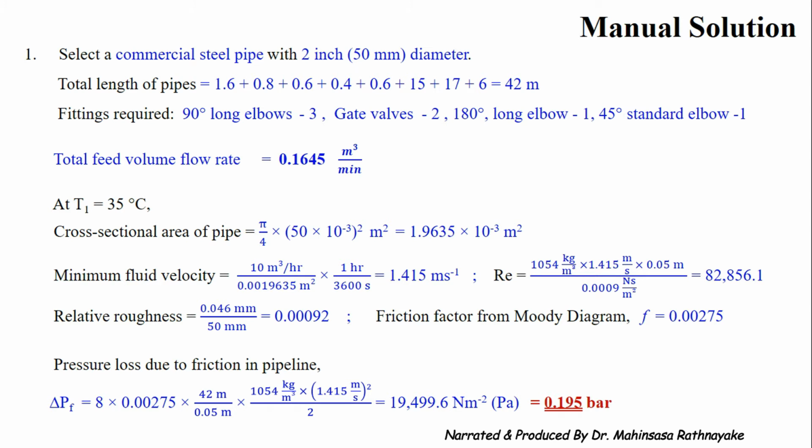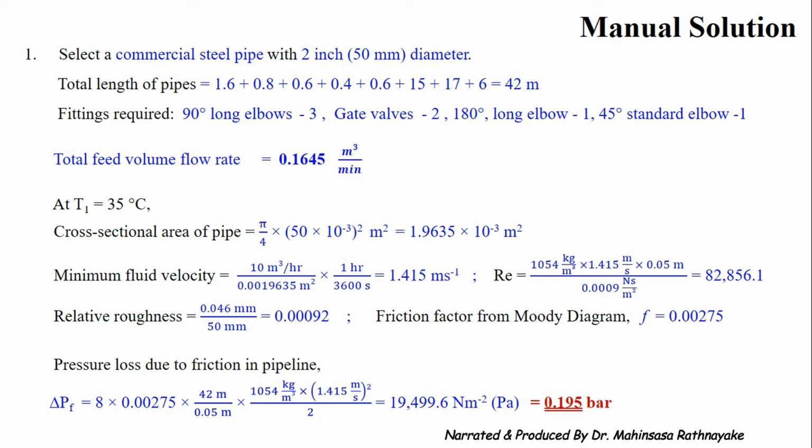We can calculate the cross-sectional area of the pipe is equal to 1.9635 multiplied by 10 to the power of minus 3 square meter, and the minimum fluid velocity is equal to 1.415 meters per second, and we can calculate the Reynolds number is equal to 82,856.1, and also the relative roughness.